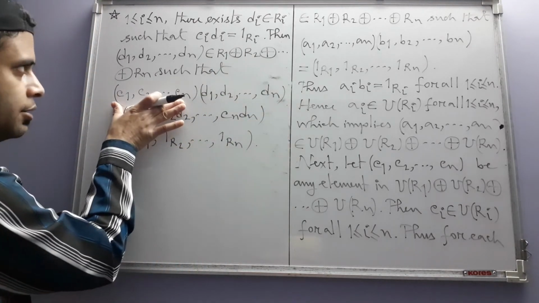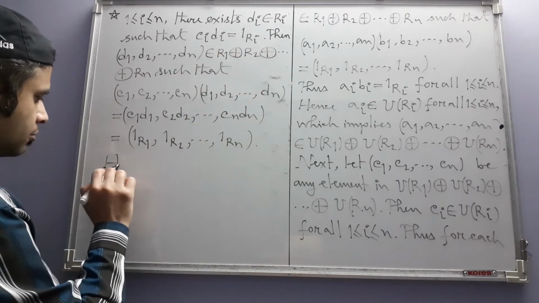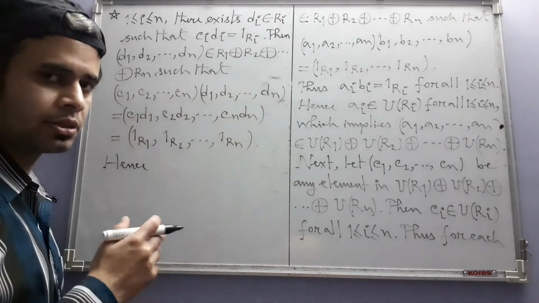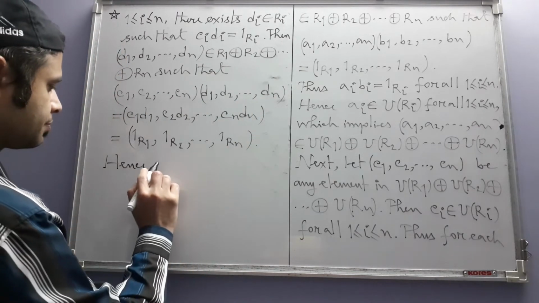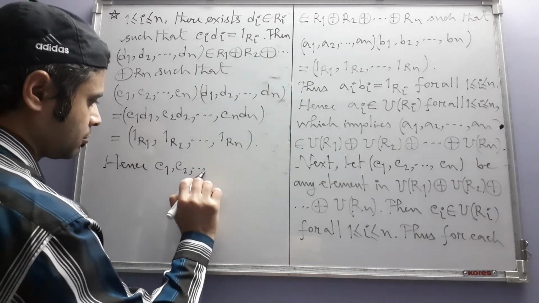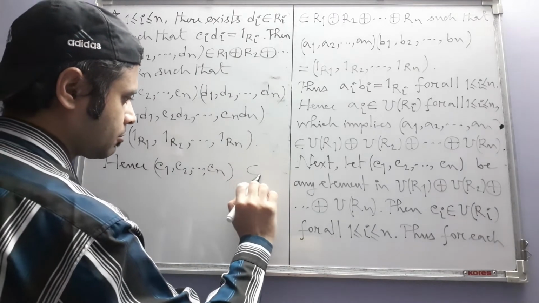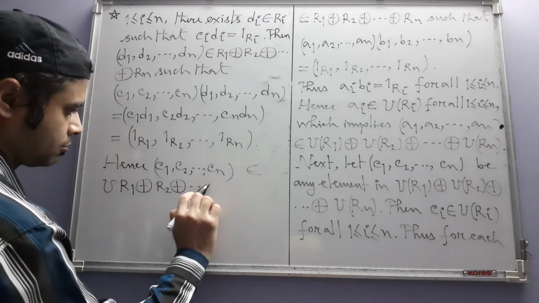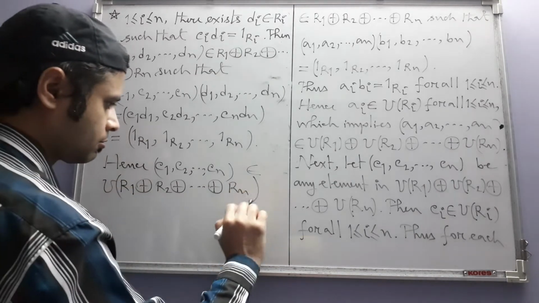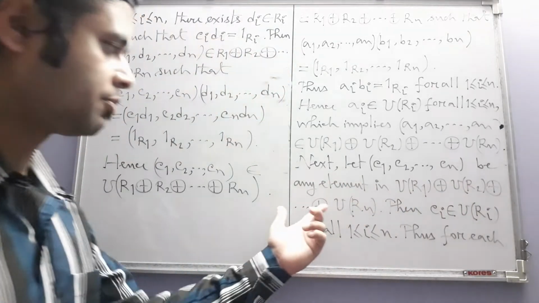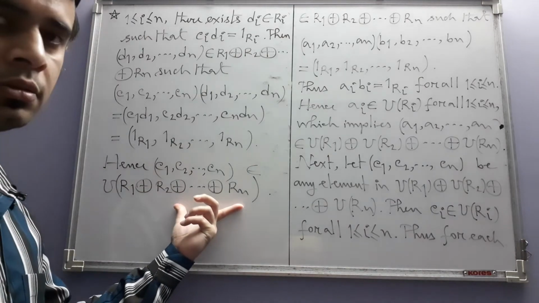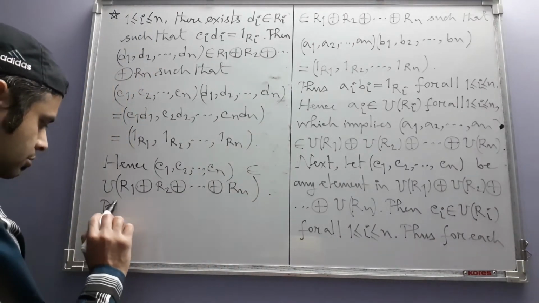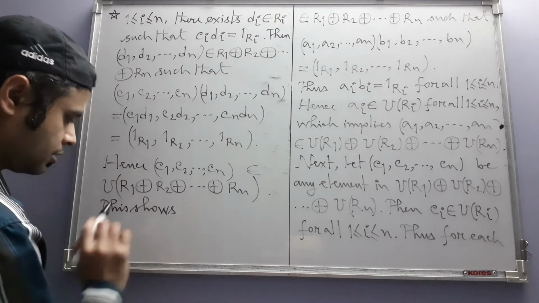In other words, this is a unit in this ring. And keep in mind that we are not writing the other product because everything is commutative. Hence, any element in this direct sum of the groups of units is also an element in the group of units of the direct sum of the rings. This shows that these two groups are equal.